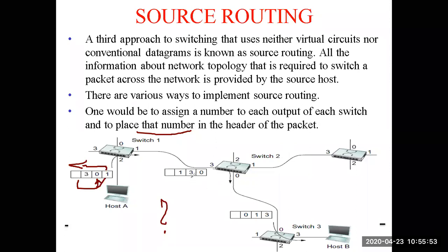The next one is 3. When it reaches here, again rotation happens and it forwards. When it forwards, it contains the information about the next port number it has to move out through.